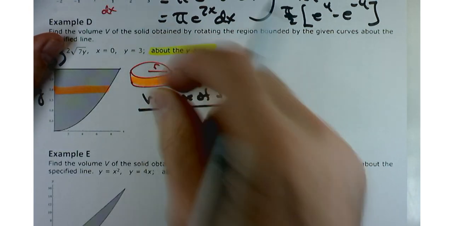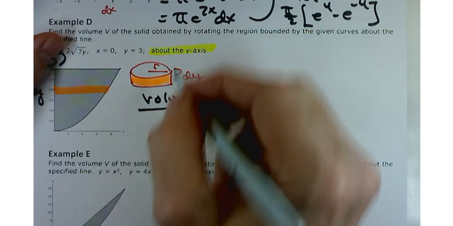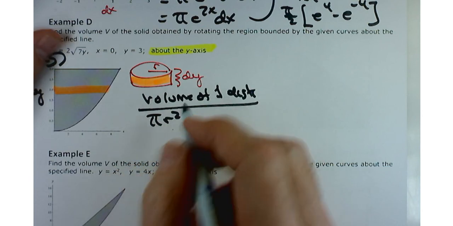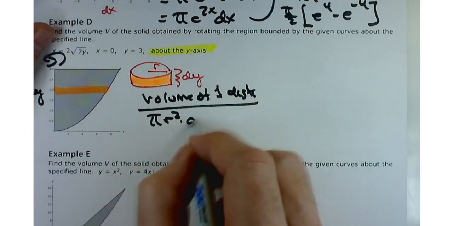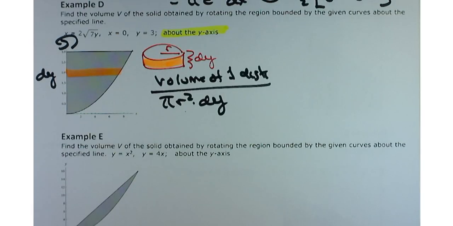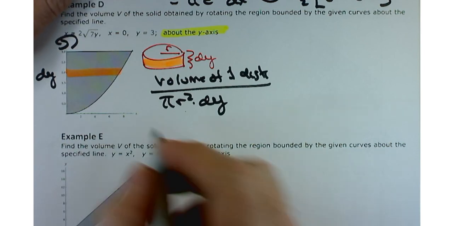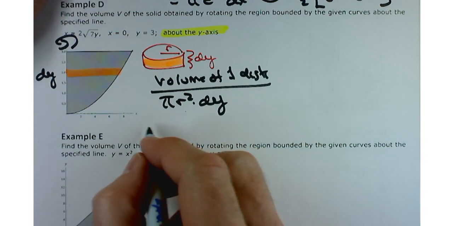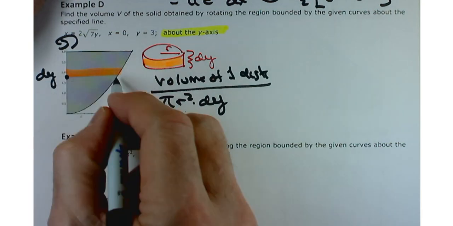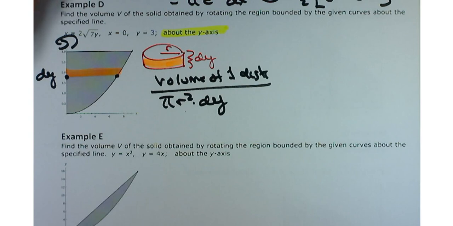Well, it's still a cylinder, a very short cylinder, so it's still going to be pi r squared times the height. But the height in this case is no longer dx, it's a dy. And that dy is telling me something about my problem. Ashley, what's that saying for the rest of my problem here? Perfect. Has to be in terms of y. So my radius is going to be the distance between this axis here and my function here.